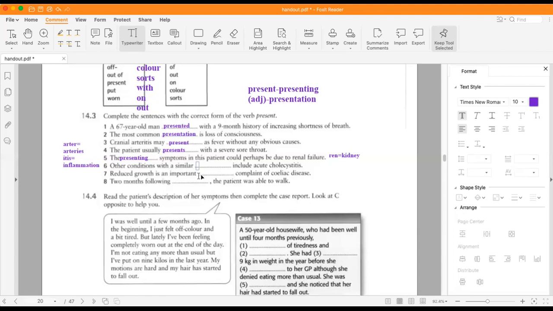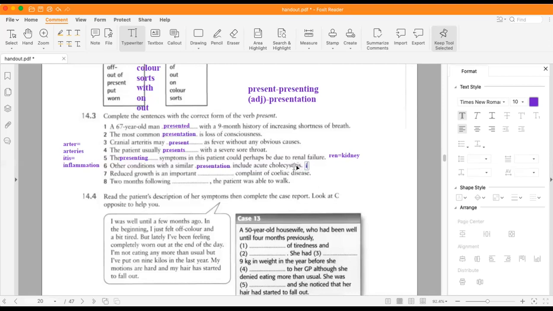So here it will be other conditions with similar presentation include acute cholecystitis.